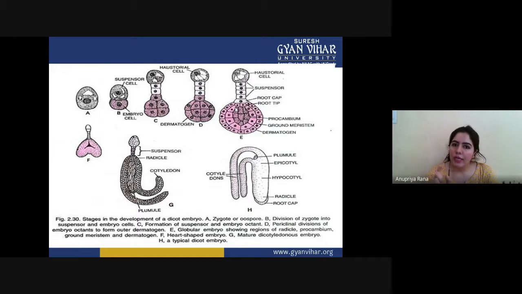After all three layers form, the embryo is converted into this heart-shaped structure. Why is it forming this structure? Because of these lobes, one lobe and two lobes, which are going to make the two cotyledons. One cotyledon is this and the second cotyledon is this. So these two cotyledons are present through this heart-shaped lobe.